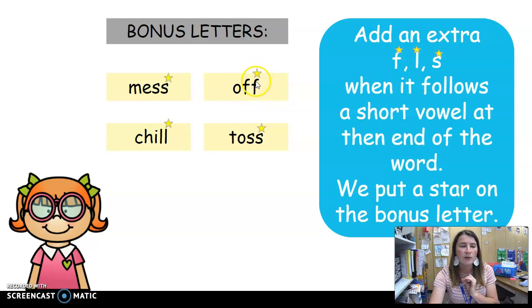We're going to mark it with a star. Here's the next word. Ch, i, ll. Chill. There's our bonus letter, that L. Put the star above the extra bonus letter. Toss. There's an S. It's an extra letter, so we're going to put a star above the S.